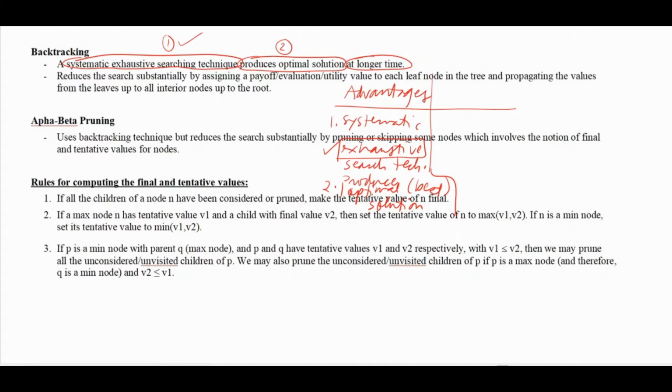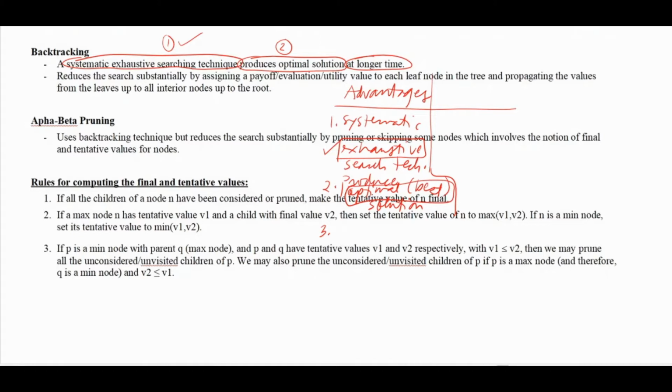And since we have visited all the nodes, we are certain that the solution we got is the best one. There is no other better solution because we have searched all the nodes. We are certain that we will get the best solution because we have searched the whole tree. We visited all of the nodes.